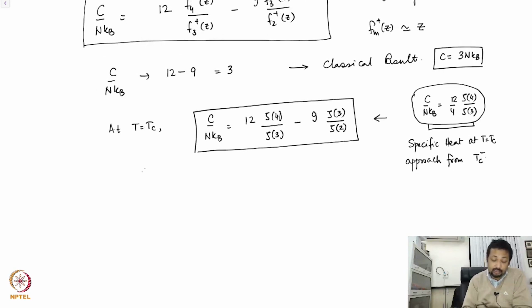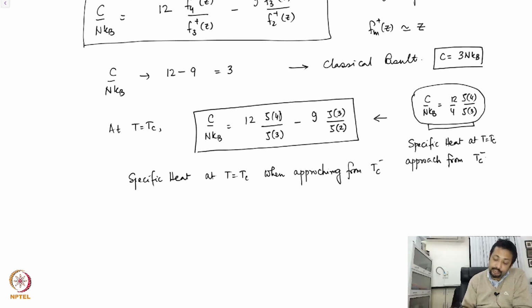In contrast, the specific heat at T equal to Tc when approaching from Tc plus. So this is your Tc. Tc plus is approaching from this side, Tc minus is this, and when you approach from Tc plus, you get this expression.